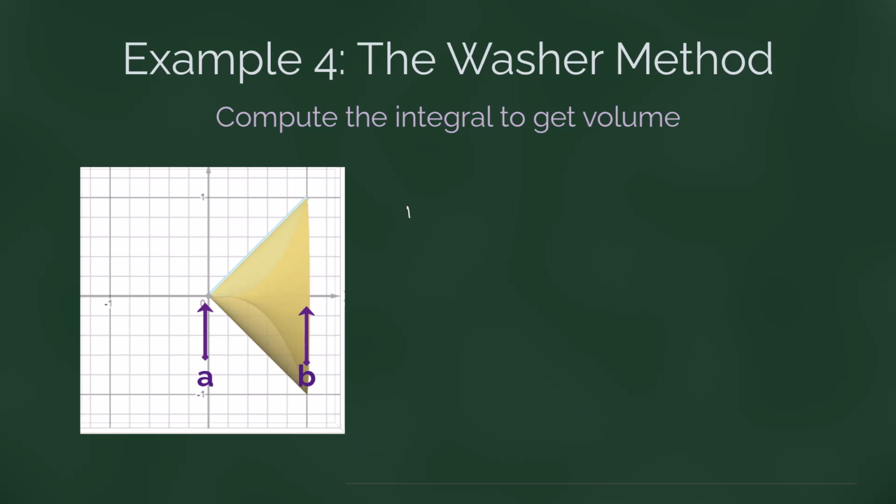We've got our volume integral, so now we compute. Volume is equal to the integral from 0 to 1 of pi times x squared minus x to the sixth dx. We'll pull pi out to the front since it's a constant. So we have pi times the integral from 0 to 1 of x squared minus x to the sixth dx.